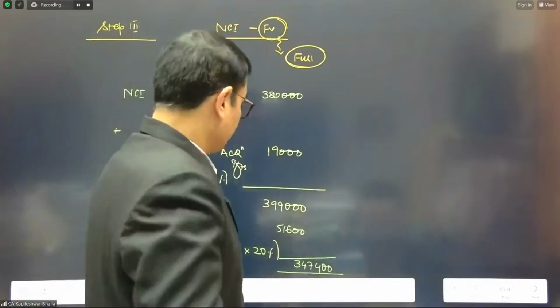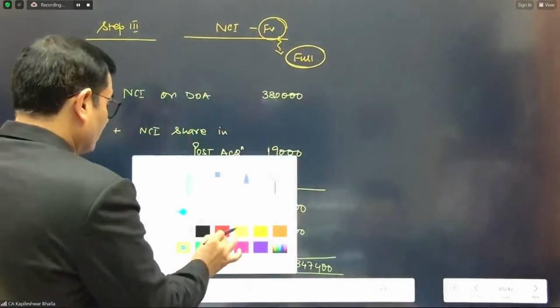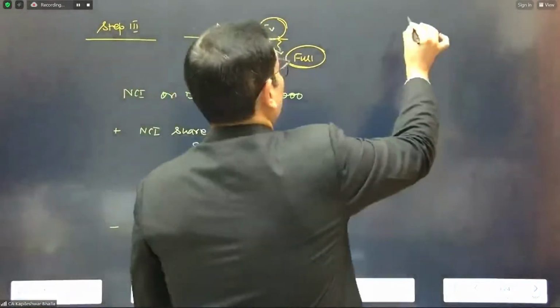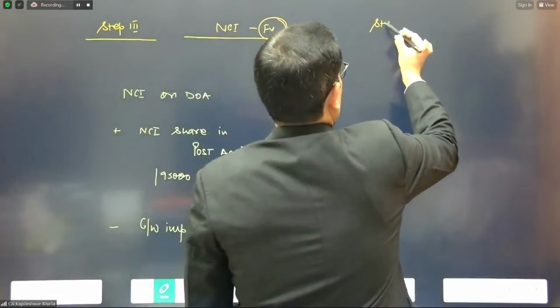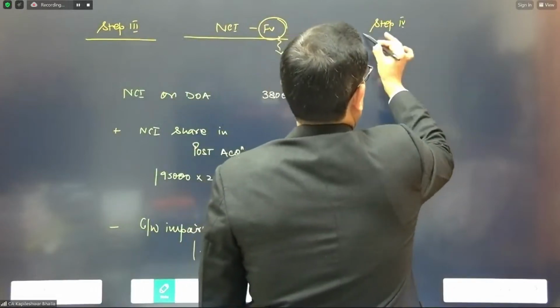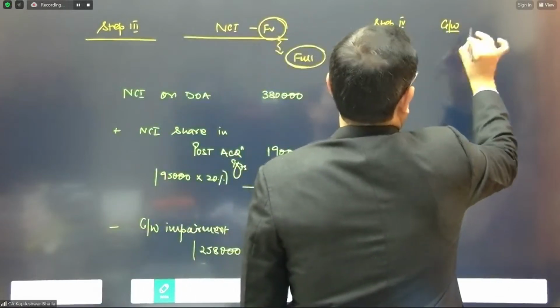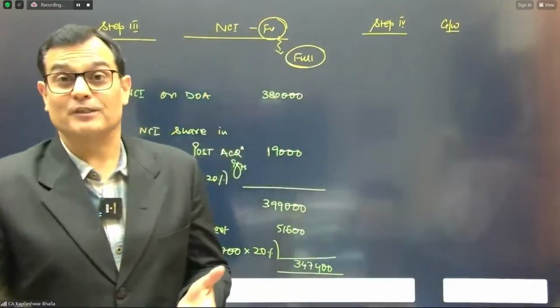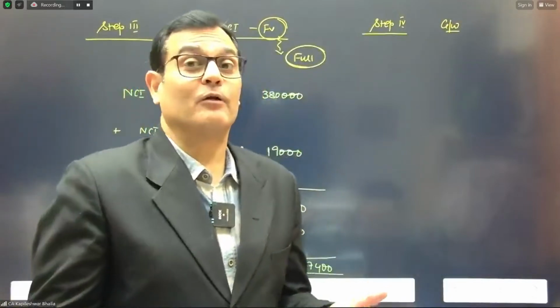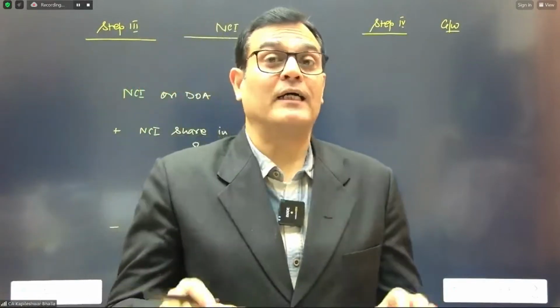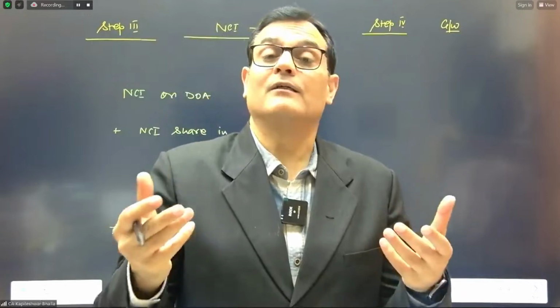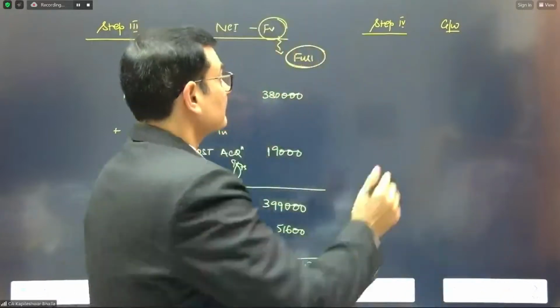Okay, then we go to step number 4, and in terms of step number 4, we need goodwill. I know for sure there is goodwill, because if there is a goodwill impairment given, there cannot be a bargain purchase gain. So I think the focus is very clear. We're undoubtedly going to get a goodwill.